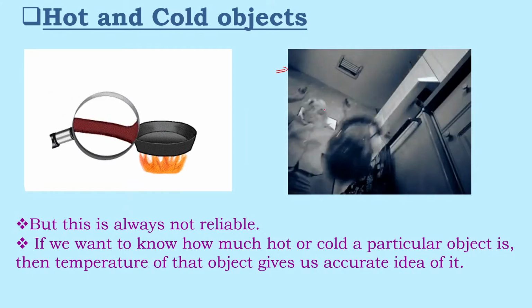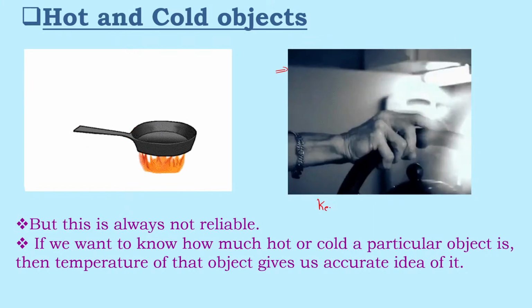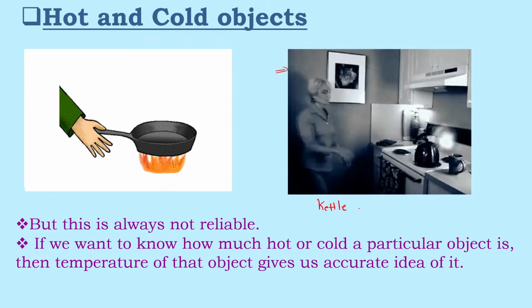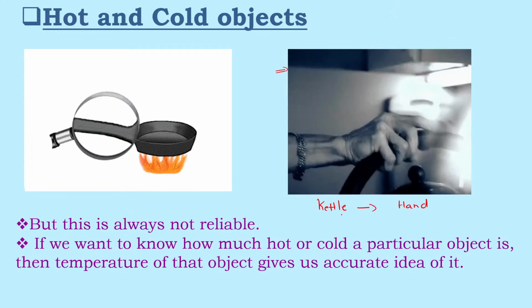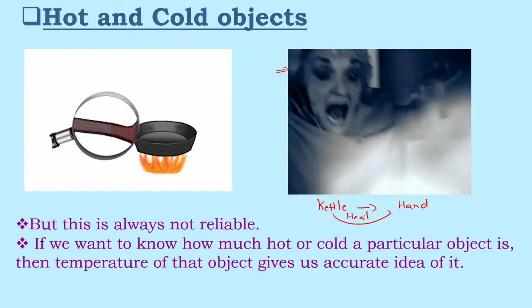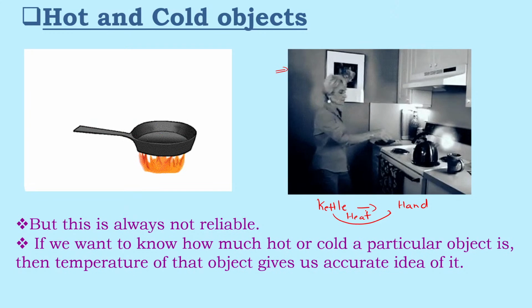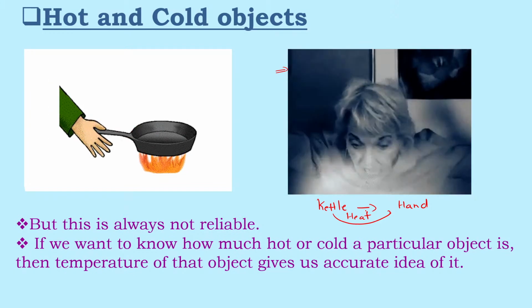There is a transfer of heat energy from the handle of the kettle to her hand. That's why she felt it very hot, and that's why she left the kettle.